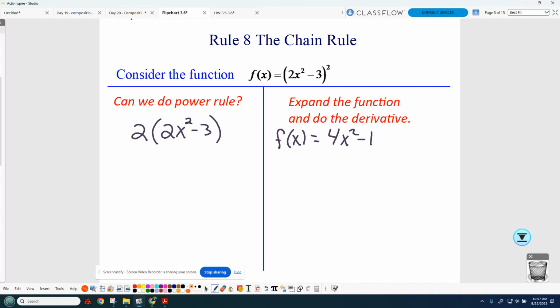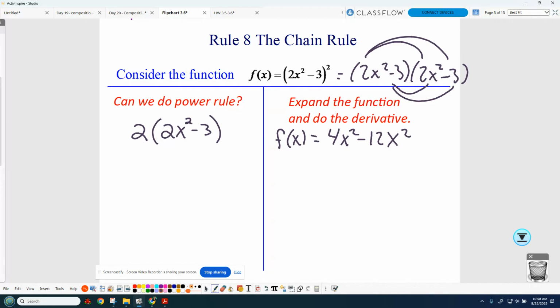Times 2. Four x to the 4th, then minus 6x squared, minus 6x squared, plus 9. Yep. Isn't it 4x to the 4th instead of 4x to the 2nd? Thank you.